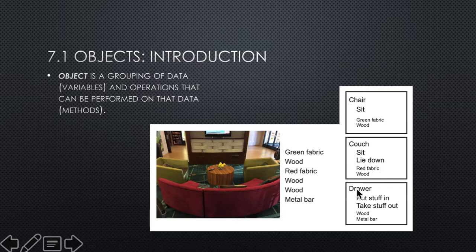Red fabric and wood is the couch, and wood and metal bar are the drawers. Basically, the methods are sit, lie down, put stuff in and take stuff out.